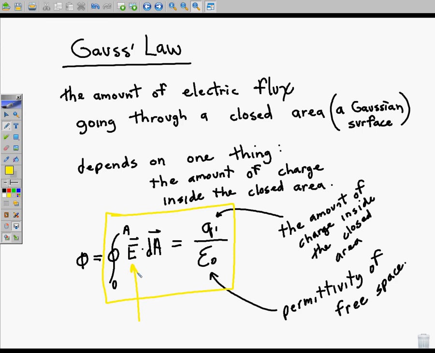It is 8.854187817 times 10 to the negative 12th coulombs squared divided by (newton times meter squared). That's epsilon 0.